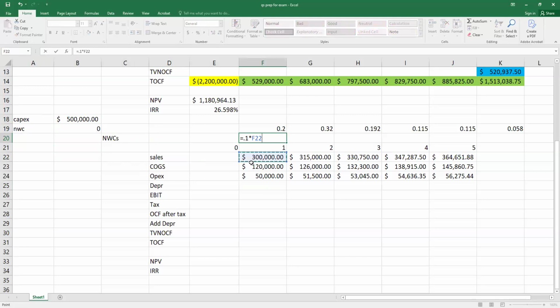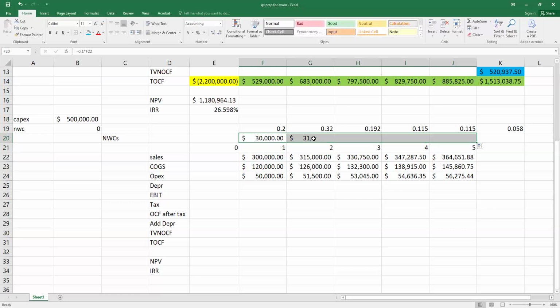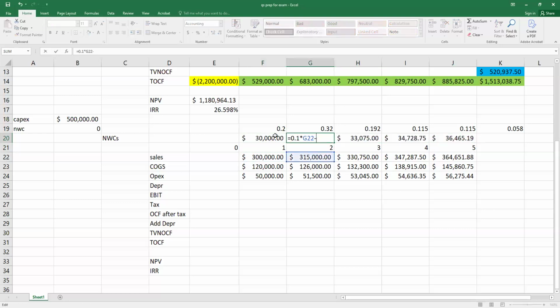It says in the question it's just 10% of the revenue, not the next projected sales. It doesn't say like this. So it means that 30,000 here, but I will correct this one, minus 30, minus this, minus this, and so on. There we go.